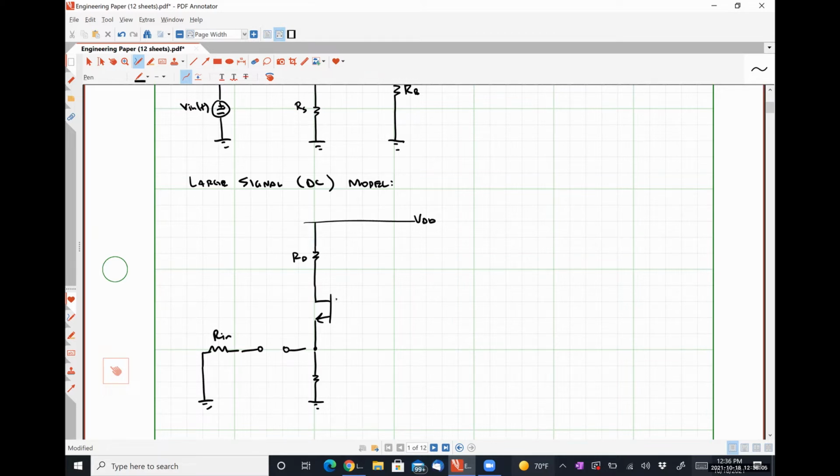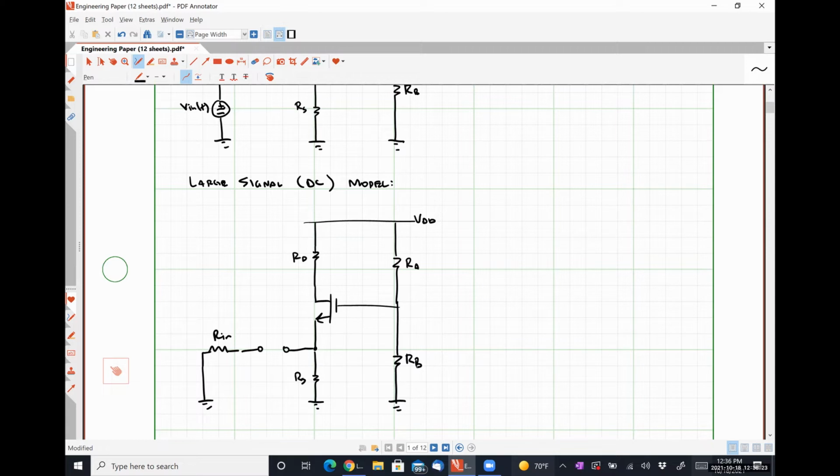Here's RN. This guy down here is RS. RA. And RB.